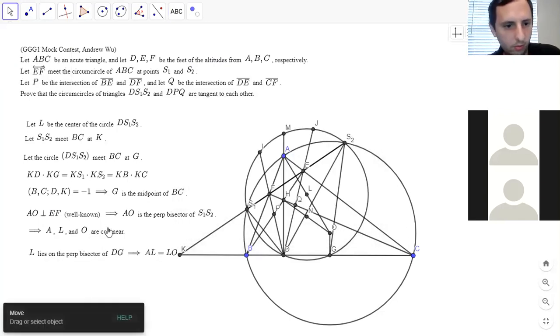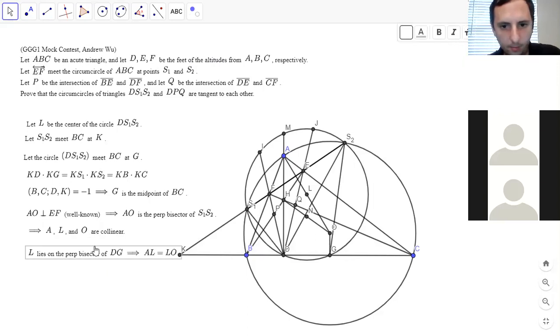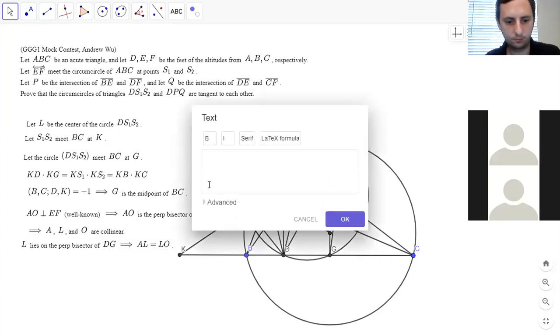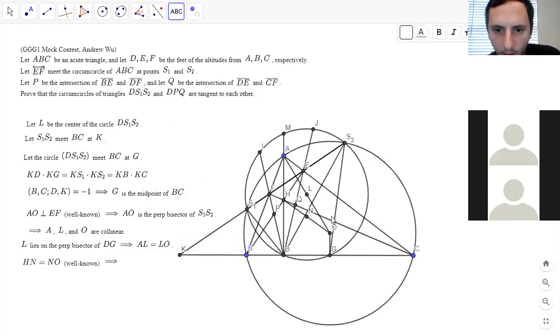And also, HN equals NO, that's well known. So that means that LN is half of AH, which is OG.